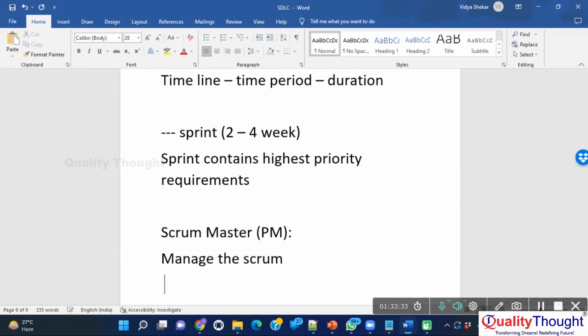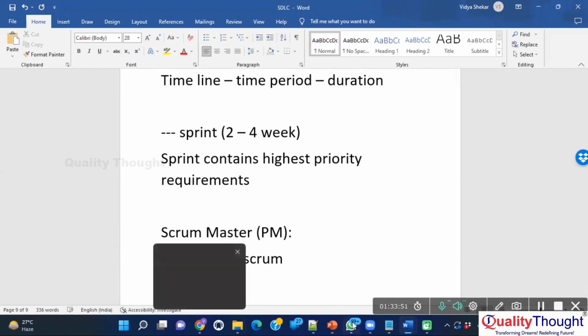Generally, he needs to be certified. There is a certification called Agile Certified Scrum Master. Generally, he's like a manager. The main purpose of a Scrum Master is to get the work done by the team.